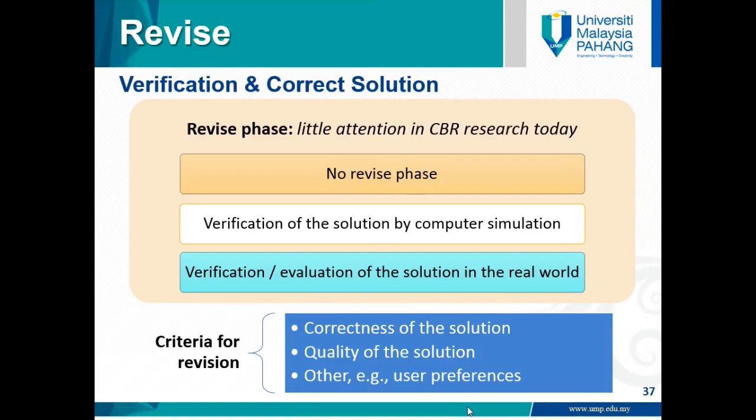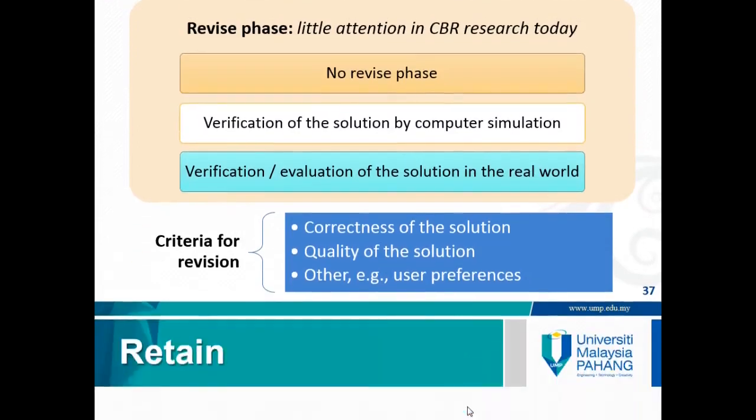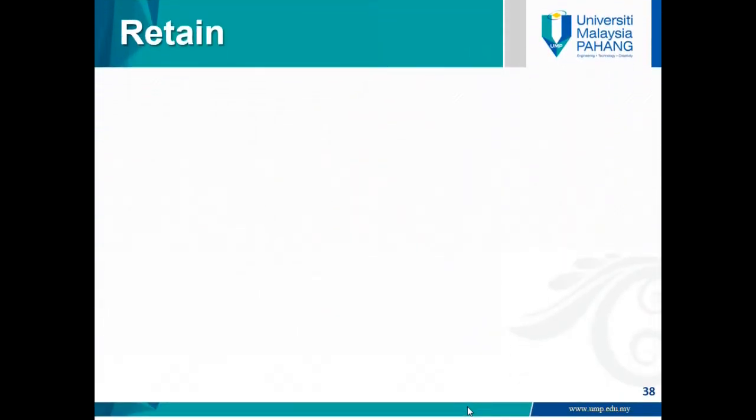The second criterion is the quality of the solution, and another criterion is related to the user preferences. So the output of the revise phase is the confirmed solution. So the confirmed solution will go to the retain cycle.